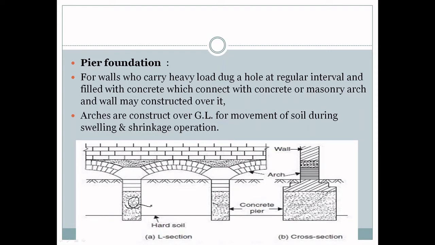The piers are connected by a concrete or masonry arch, and the wall may be constructed over the arch. The arches are constructed with a gap above the ground level, which may permit the movement of soil during the swelling and shrinkage operation.